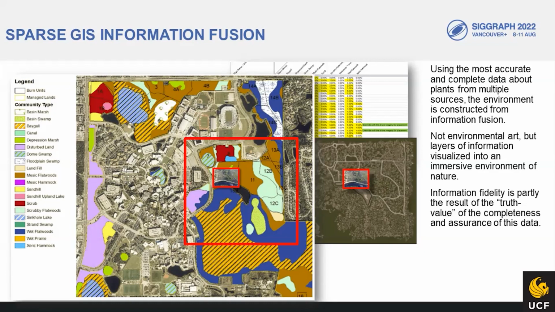So in this example, in the dome swamp, there is a pond cypress tree. And in the database, they recorded that 20% of the dome swamp was covered by the cypress tree. So in the Unreal Engine, we set the foliage tool to 20%, and it automatically covers that particular area 20% with that tree. And we did that for all the 35 plants that we modeled.